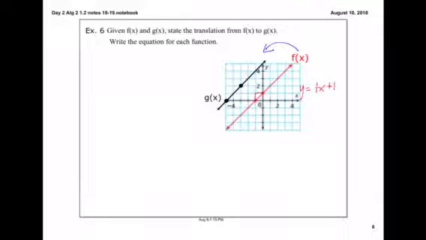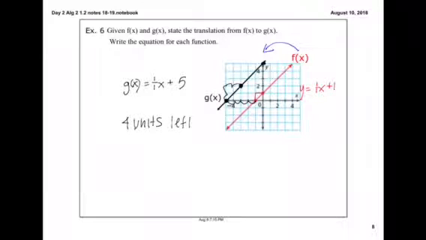For our g of x function, our y-intercept is at positive 5. We are rising 2, running 2, which is again 1 over 1x. And if we talk about the translation, we translated 4 units to the left. So it is a horizontal transformation, 4 units left.